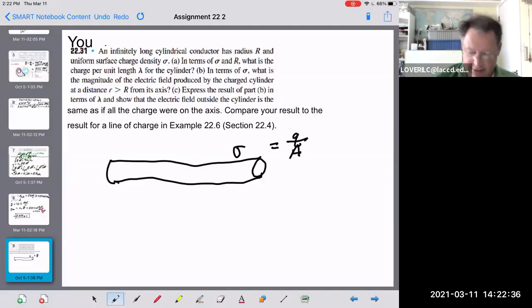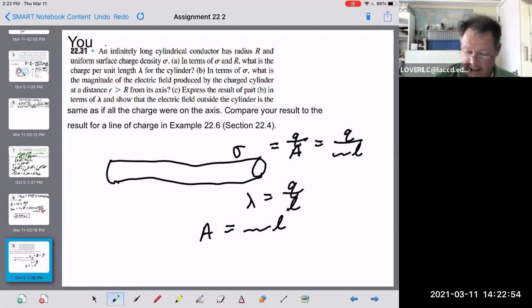And knowing it's a cylinder, you need to find lambda, the charge per length. If you find the area in some form that's got some stuff times length, then this will be Q over stuff times length. You'll have the Q over L part, and you can put the length or the rest of it over there.